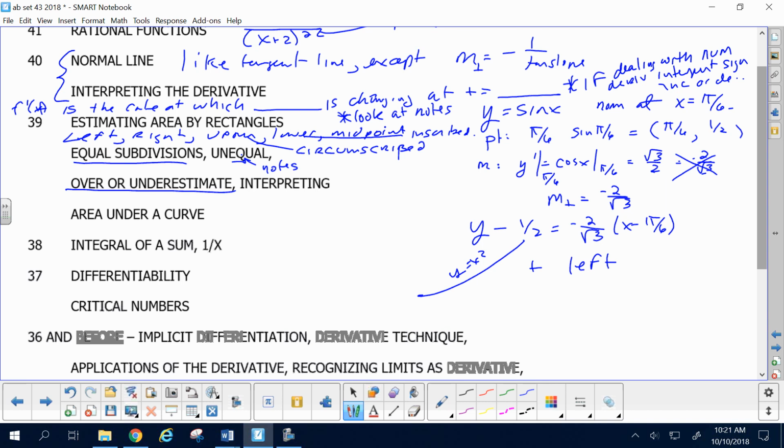Okay, now, underestimate would be one point. Saying why would be the other point. Why would not be because the rectangles are below the curve. That doesn't cut it. It has to be because I'm using left-hand rectangles on an increasing function, and that's 2 pieces of evidence. Not it's an increasing function, or not because it's just left-hand.